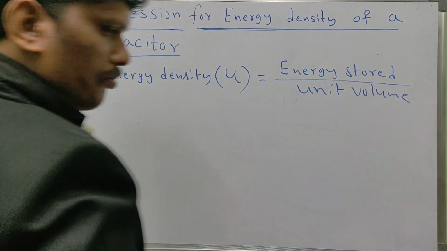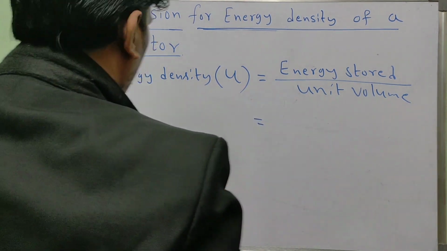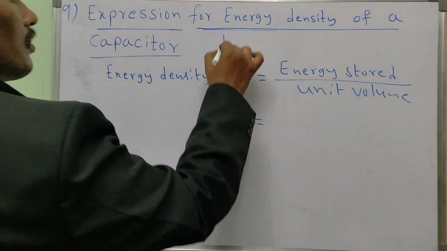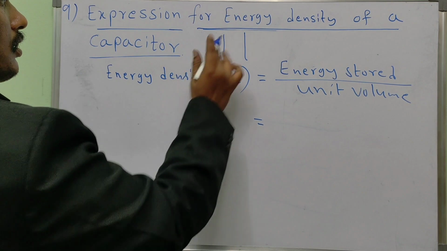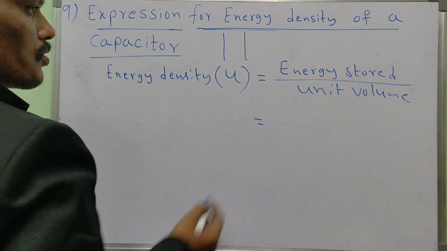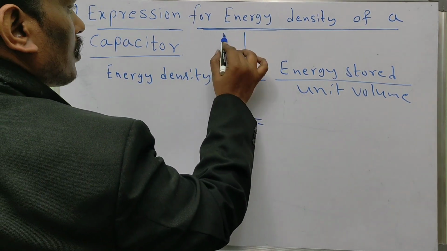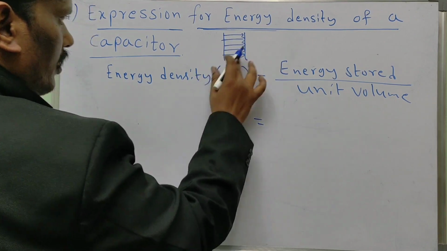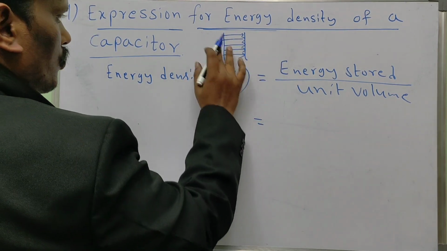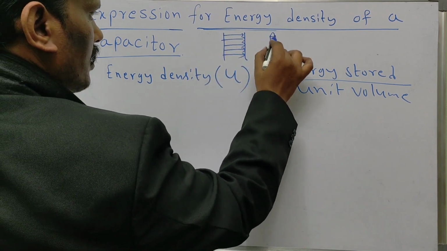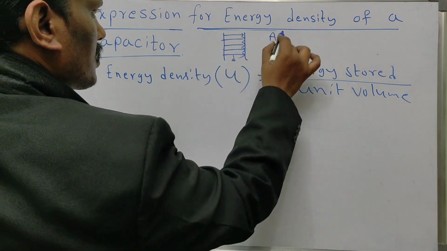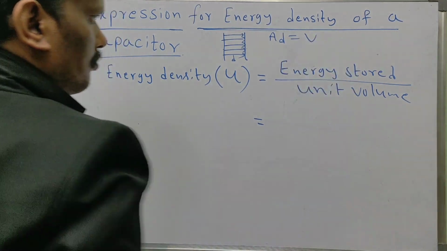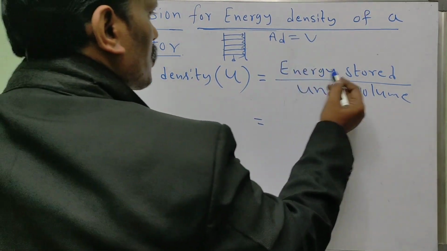If I consider the capacitor plates like this, the energy is stored between the capacitor plates in the electric field. What is its volume? Area of the plate is A and separation between the plates is D. That is the volume.